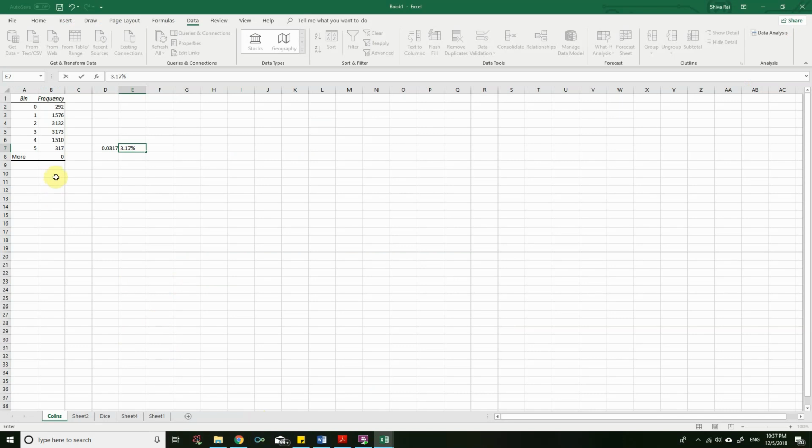Which of the persons has higher probability of getting number 3 or larger? For person A, number 3 or larger, let's add all of this, equals sum. So the array would be 3 to 5 and divided by 10,000.